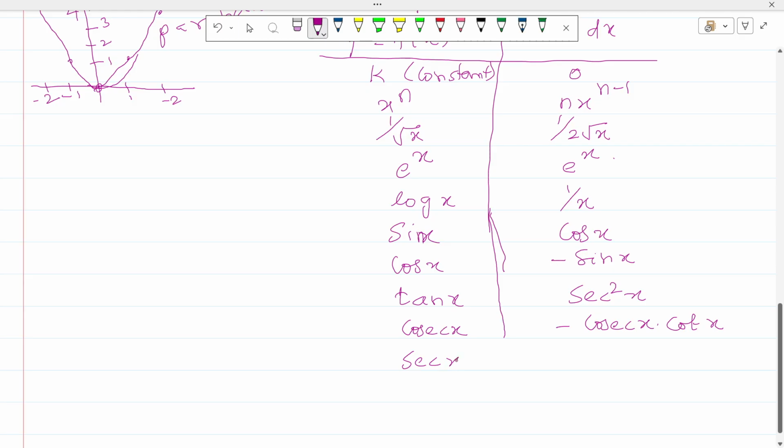Differentiation of secant x is secant x tan x. Then differentiation of cot x is minus cosecant square x.